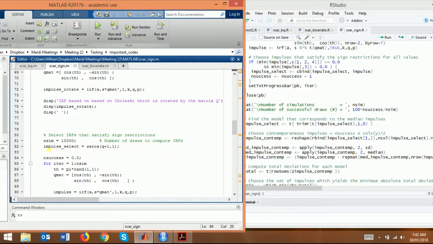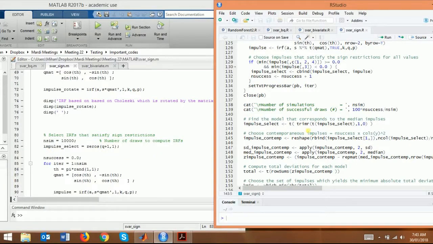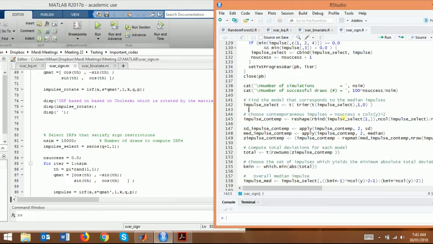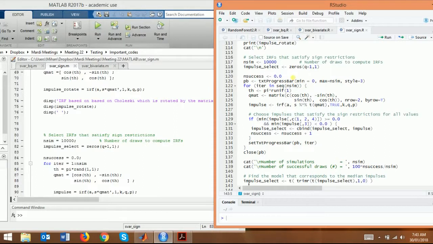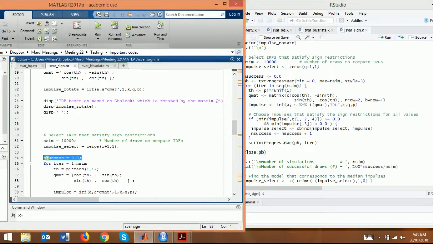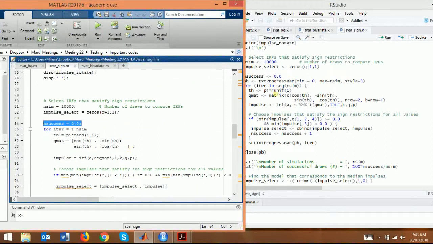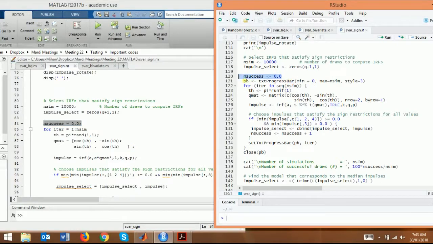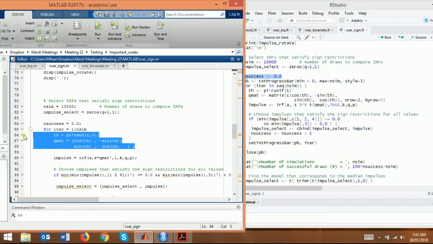So we want to do iteration 100,000 times, zeros, Q plus 1 rows, 1 column, because it will go 1 forward. And success, number of success 0, will pass this value to initiate iteration 1 to number of simulation. Theta is this, Q matrix is this, random number, theta is a random number.